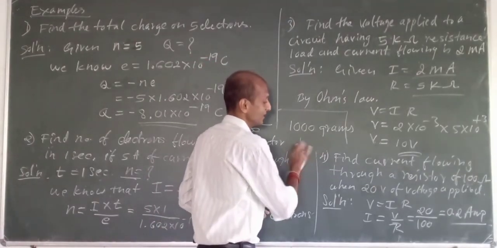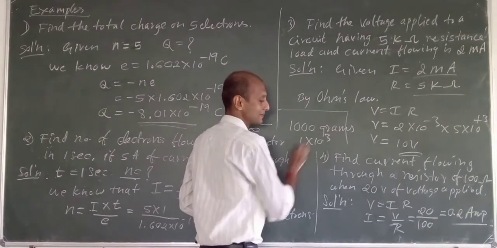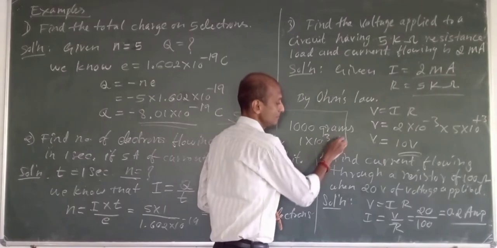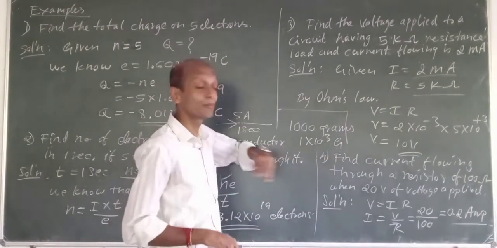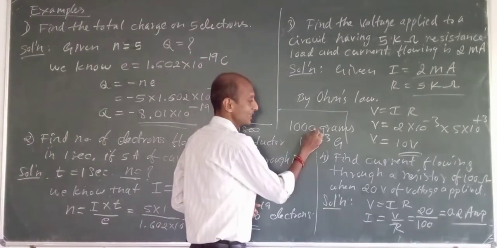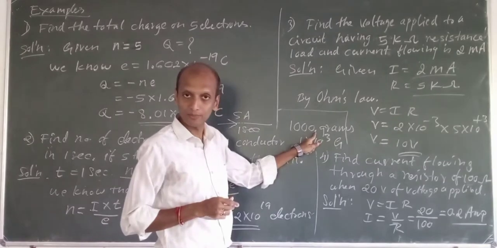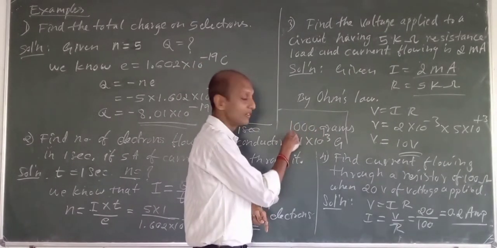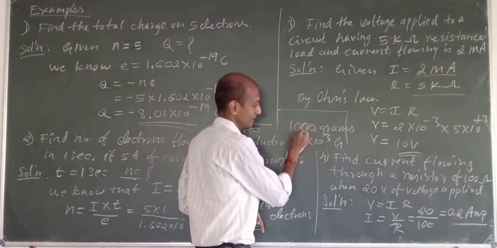Kilo is the multiplier 10 power plus 3, that is 10 power plus 3 grams. Kilo means 10 power plus 3. After 1000 we have the decimal point, so we go 3 times back: once, twice, thrice.